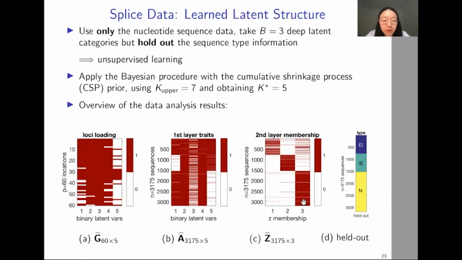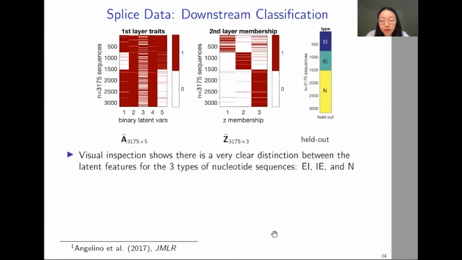Here's an overview of our data analysis. The first plot is the element-wise posterior mode of the graphical matrix. There are some interesting patterns here, but what is more interesting is the lower dimensional latent representations learned for the some 3,000 nucleotide sequences in B and C. So let's look at these more closely.